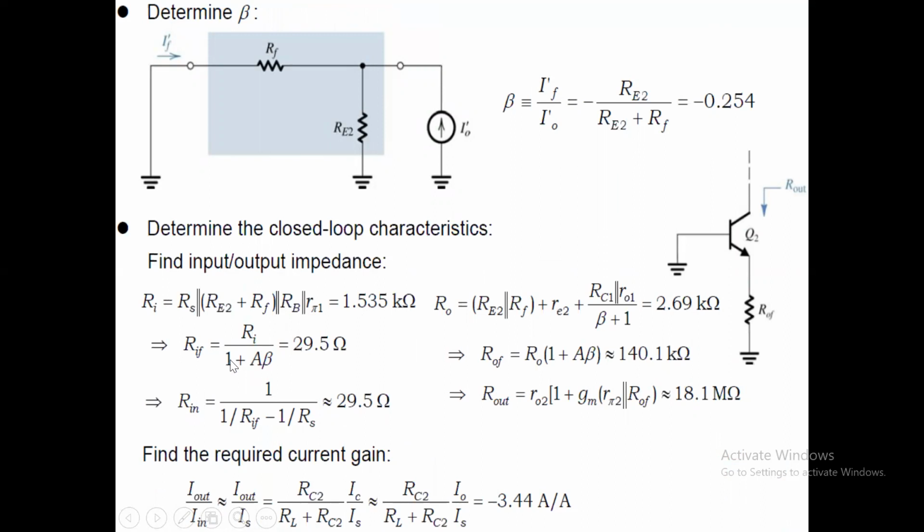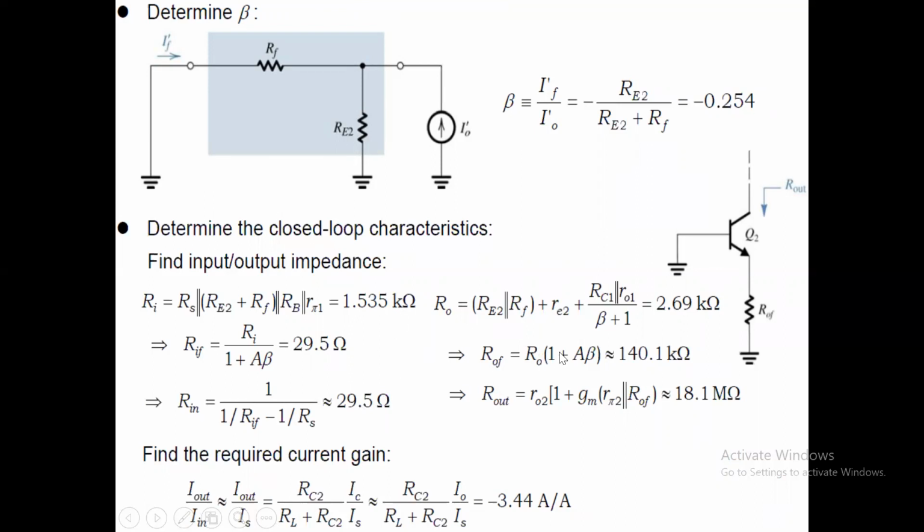RIF will be RI plus 1 plus A beta. A we have found, beta also we have found. Substitute that, you'll get 29.5 ohms. Rn will be, we have written the formula, 1 by RF minus 1 by RS, and 1 by RIF is this value, 1 by RS is given to us, and we can substitute and we'll get 29.5 ohms.